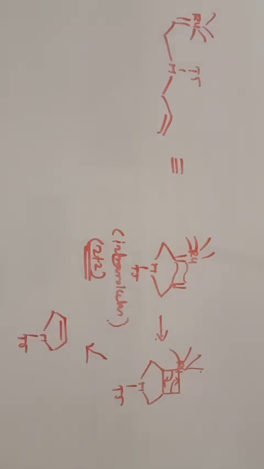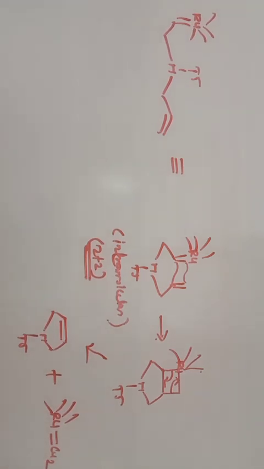So we get a ring closing, and the remaining is the ruthenium, which has 4 substituents, and there is a double bond CH2.